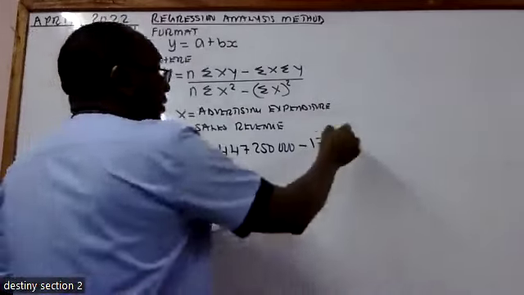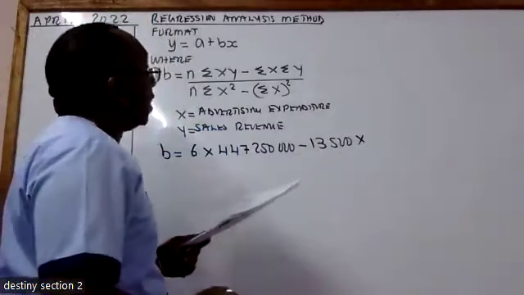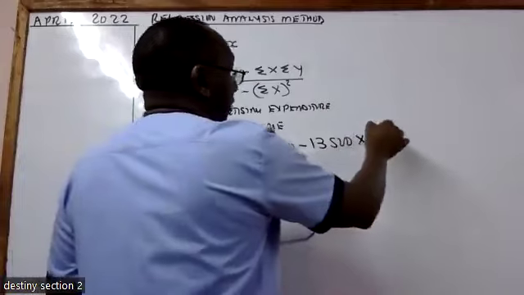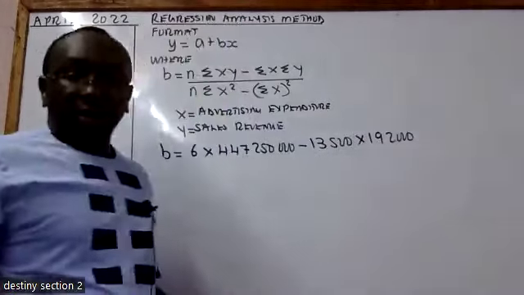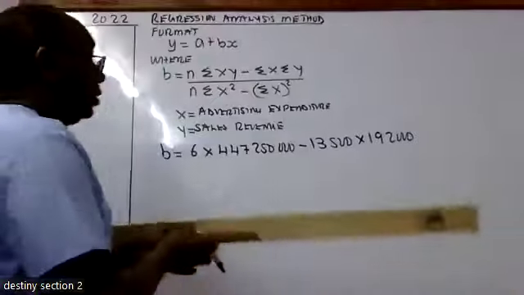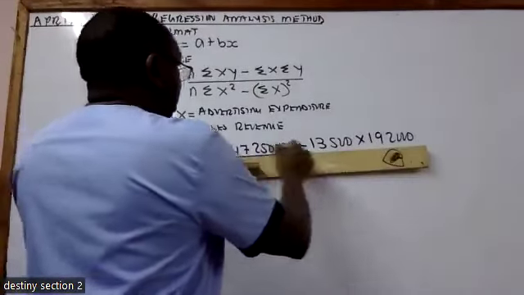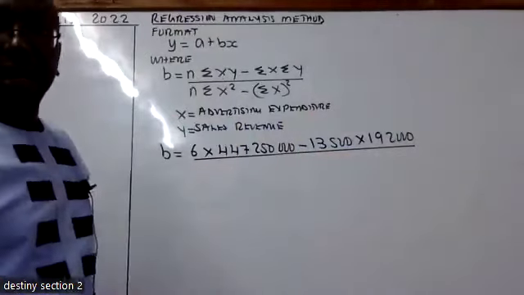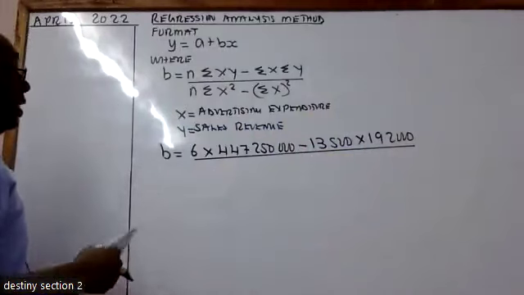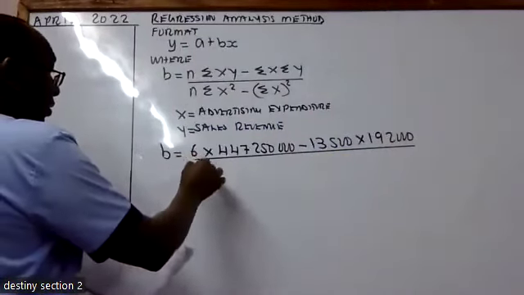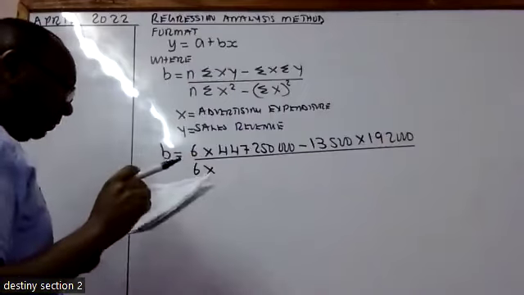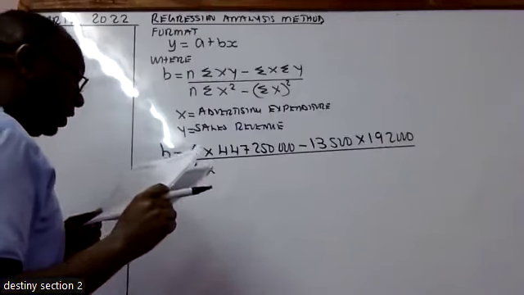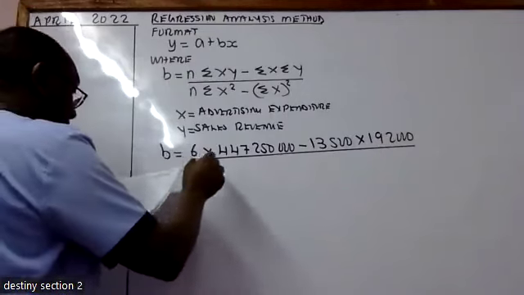You multiply this by sum of y, the sum of the revenue, 192,000. Divide the whole of this by n, which is 6, multiplied by sum of x squared, expenditure squared, because expenditure is our x.